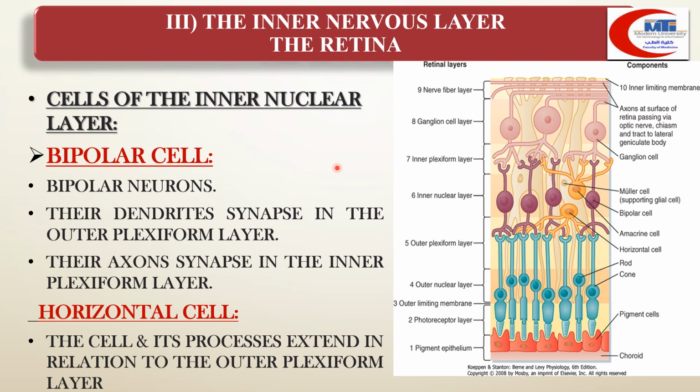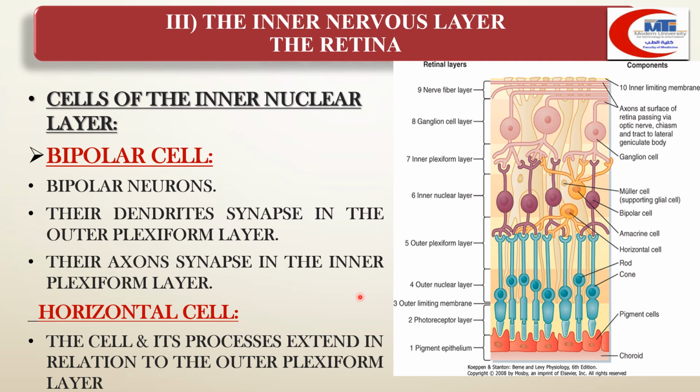The cells of the inner nuclear layer, as we mentioned, include bipolar cells, horizontal cells, amacrine cells, and Müller cells. The bipolar neurons have dendrites that synapse in the outer plexiform layer with the rods and cones, and their axons synapse in the inner plexiform layer with ganglion cells.